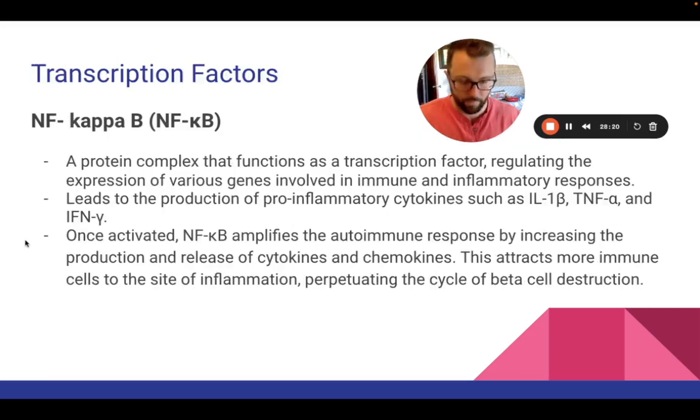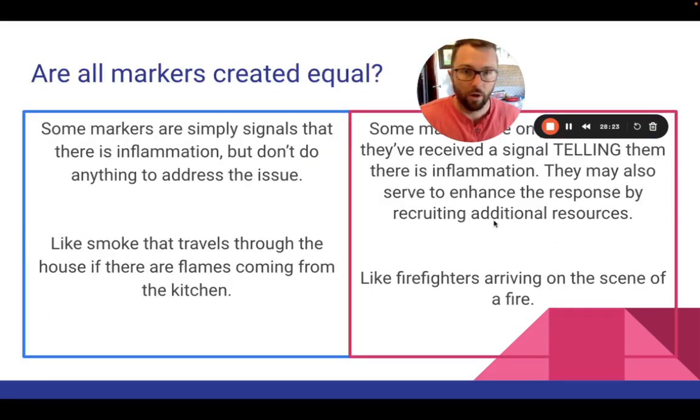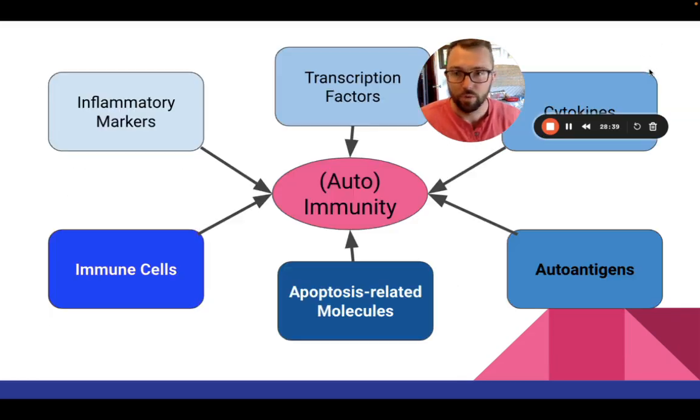The markers are there for inflammation, and even the markers being present themselves recruit more, right? So that's kind of like a ballooning of immune cells.